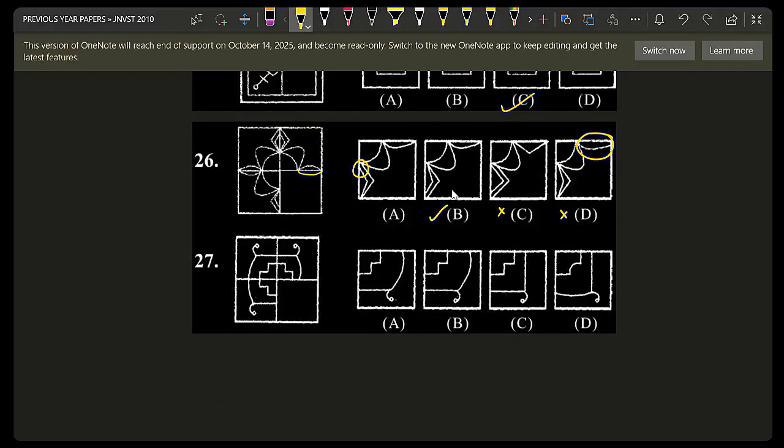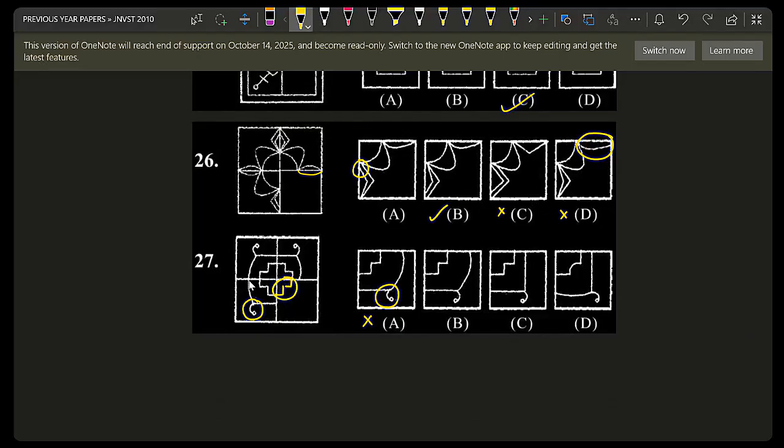And 27, these two are mirror images of each other. So the mirror image of this, we expect this, but A is wrong. A is eliminated because of this. And in order to complete the plus symbol, you can go like this.